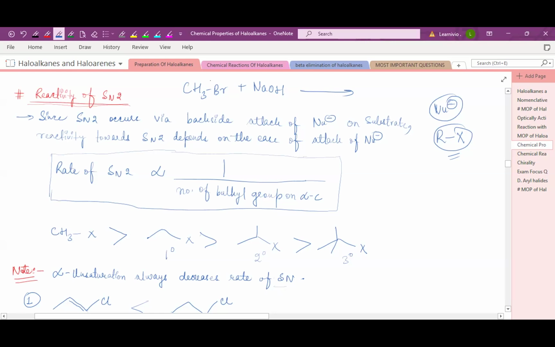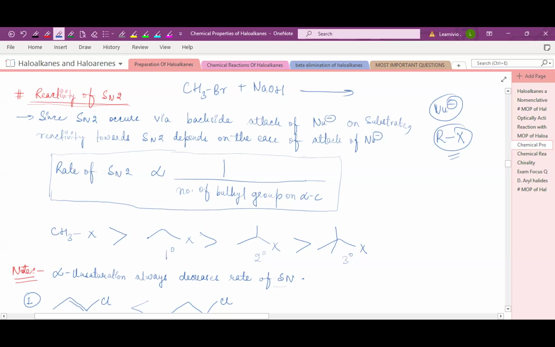We are just talking about the SN2 mechanism, nucleophilic substitution reaction which is bimolecular. 2 यहाँ पे क्या denote करते हैं? It's bimolecular. Molecularity and order is 2. Here the rate of reaction depends on both, means इस पे भी depend करेगा on the substrate as well as on the nucleophile both.